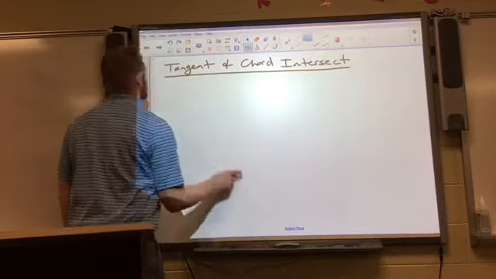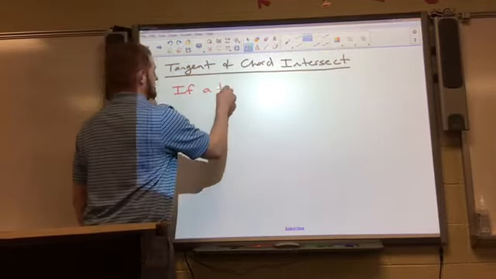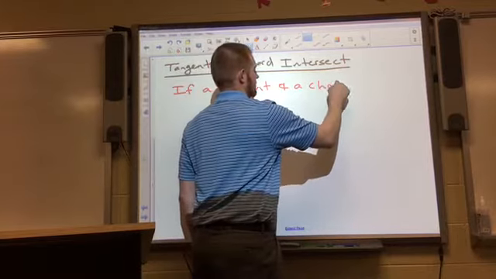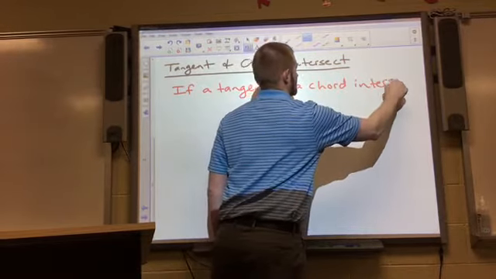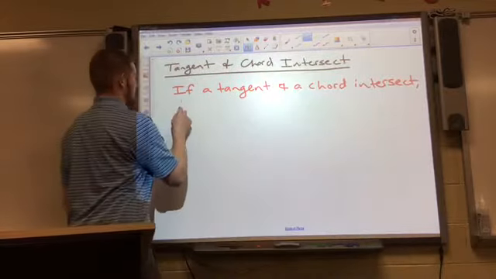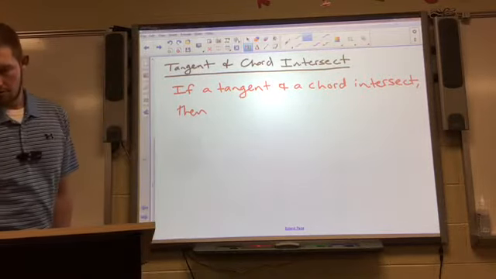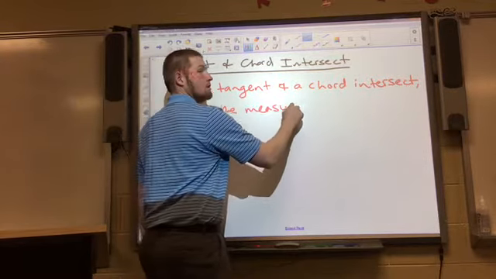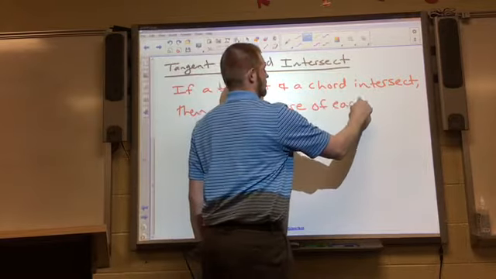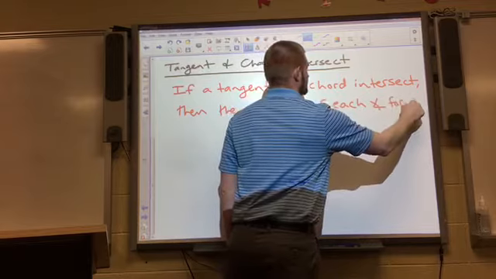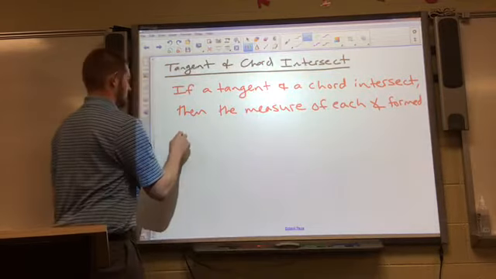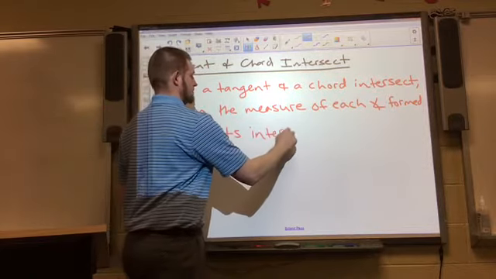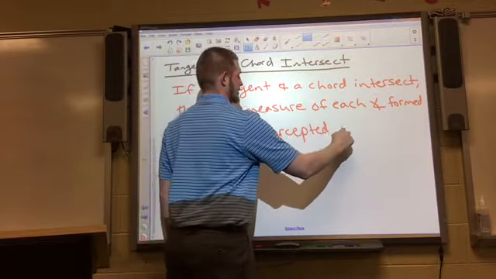Okay. Our theorem says if a tangent and a chord intersect, then the measure of each angle formed is 1/2 its intercepted arc.